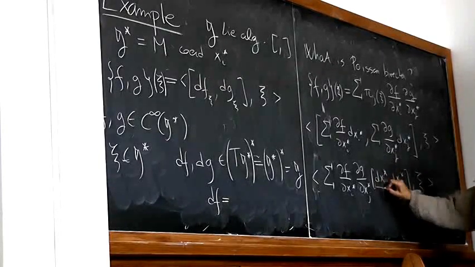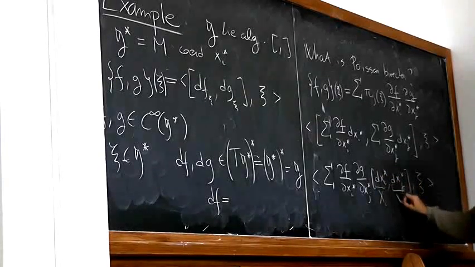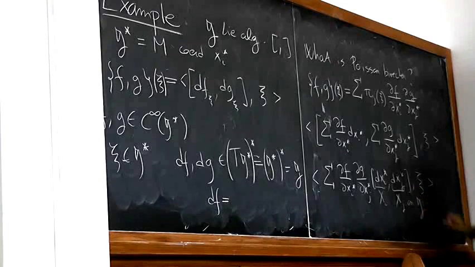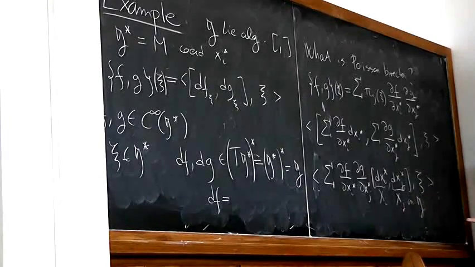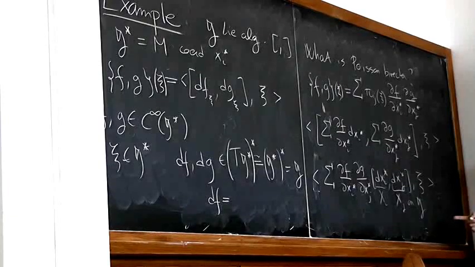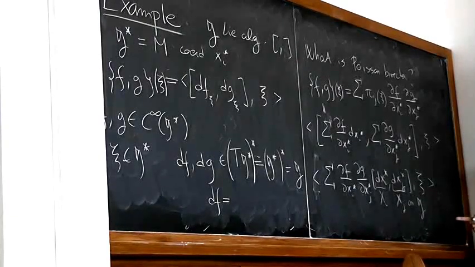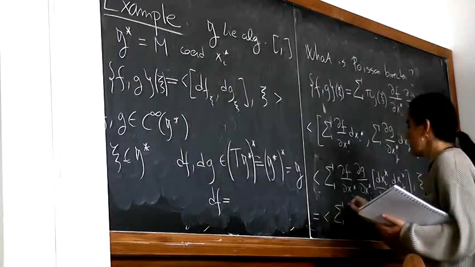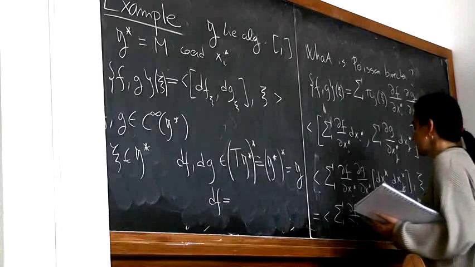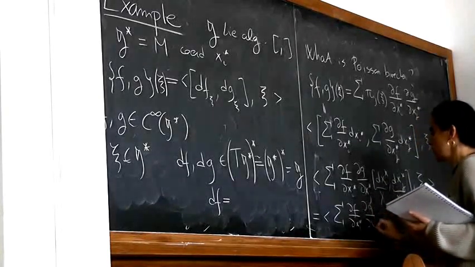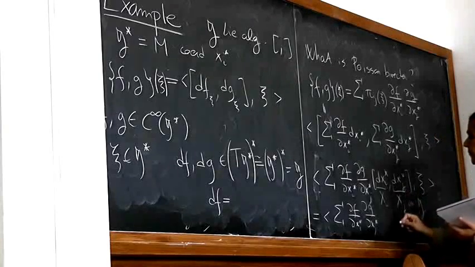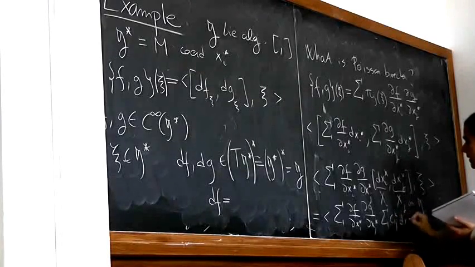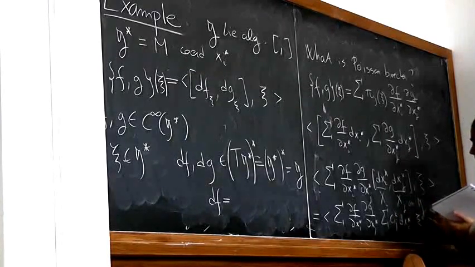Now, these are really the coordinates on G. These are the basis for G, the algebra. So when I do this bracket, the structure constants will come in. So this will become summation df dxi star dg dxj star, and then we have summation Cijk dxk star psi.